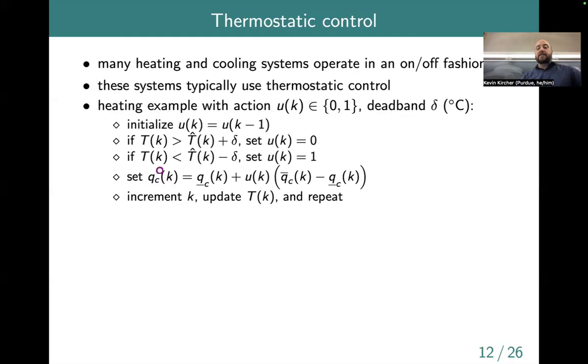And so this simplifies to just setting QC equal to U times Q max. So if the heat is on, you provide the maximum capacity. If the heat is off, you provide nothing, no heat. And then we increment K. We use our dynamics equation to update the indoor temperature and possibly other temperatures, thermal masses, and things like that.